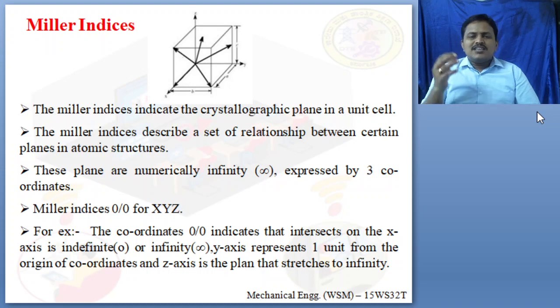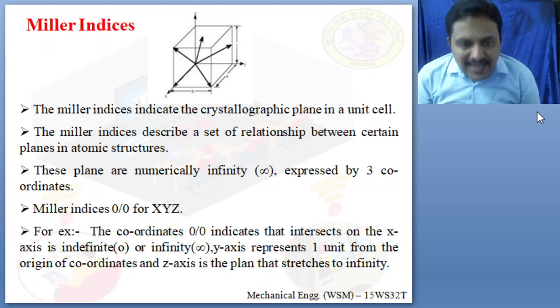This crystallographic plane is defined by the x-axis, y-axis and z-axis, the three axes of a three-dimensional object. In which plane the crystals are arranged is very important. This identification will help us identify the volume of any object.